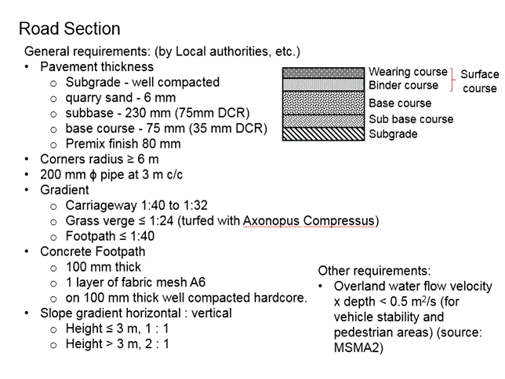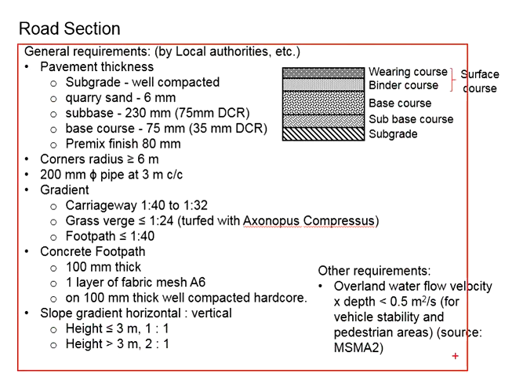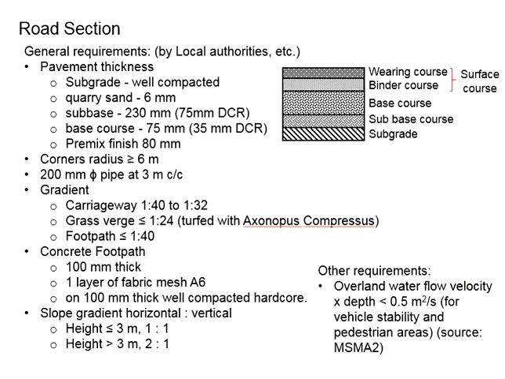Next, let us look at general requirements of road sections by the local authorities. Different places may have different requirements depending on the local authorities. Here are some general requirements for the road sections. Some local authorities clearly specify the required pavement thickness.